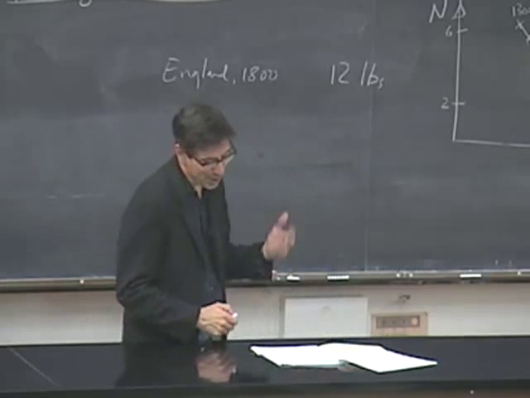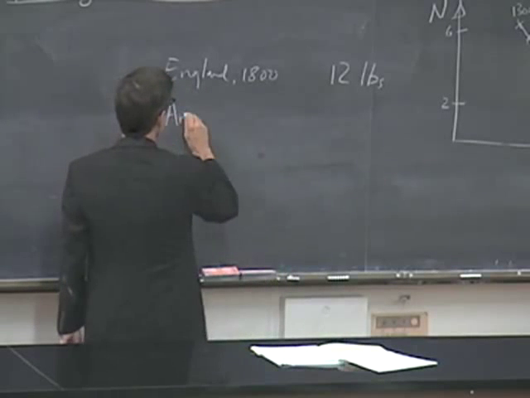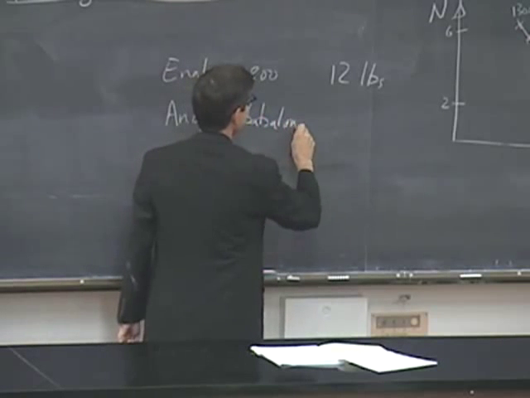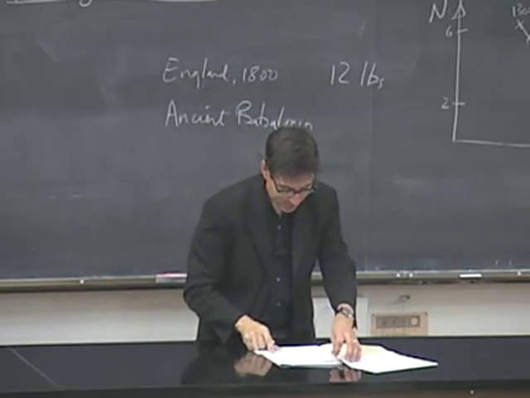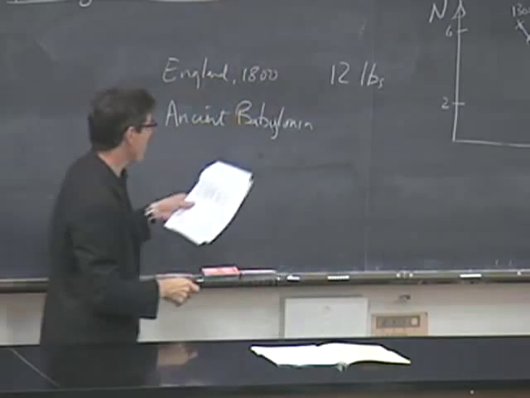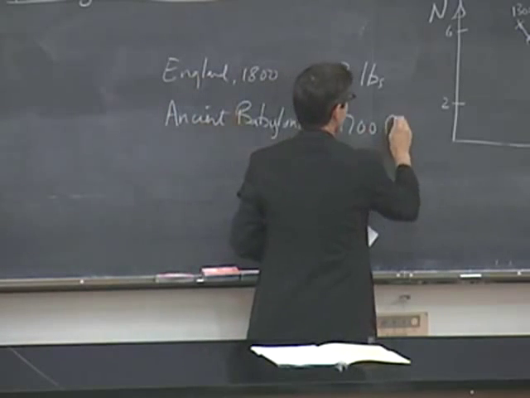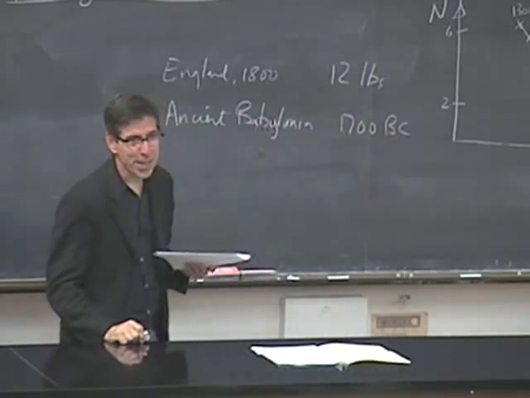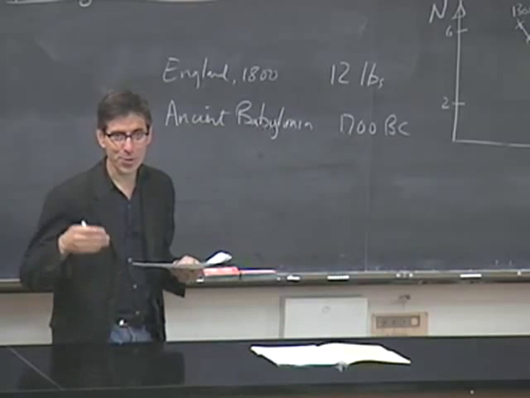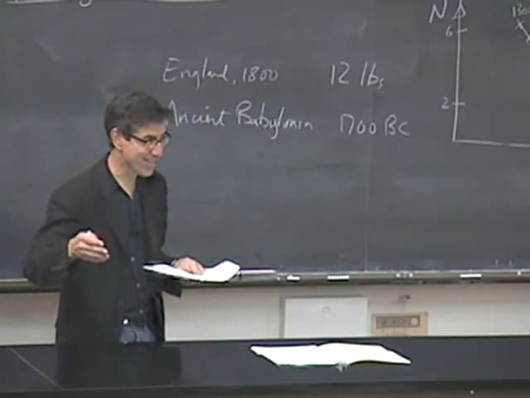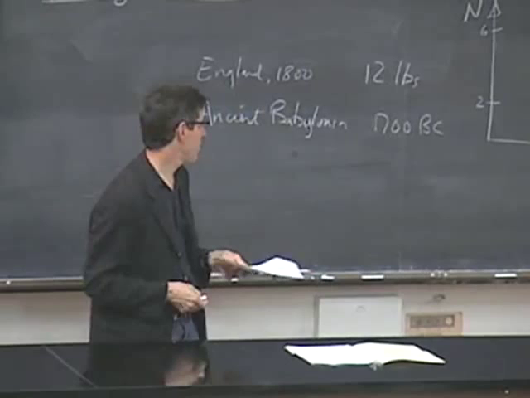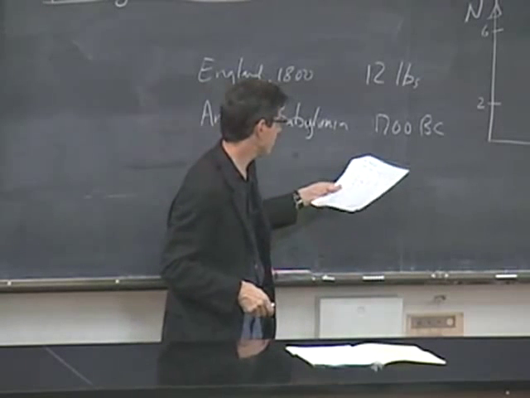So what does it look like if we go into the ancient past? We can actually get these measures for ancient Babylonia, for 1700 BC. So that's about 3,500 years before the onset of modern growth. And that's about the earliest society we can actually get measures of both wages and also measures of wheat prices.